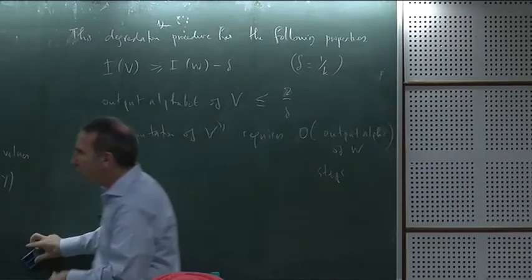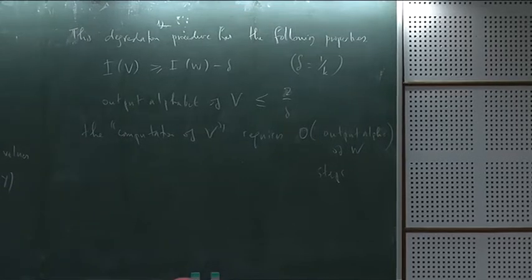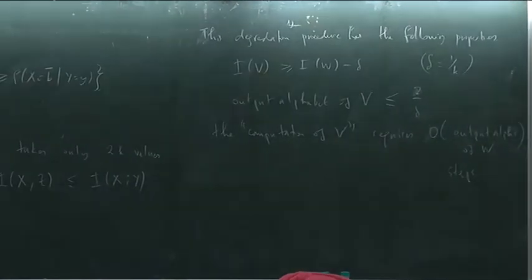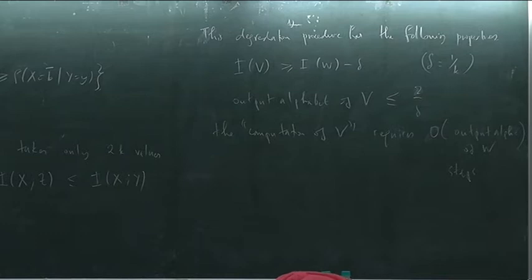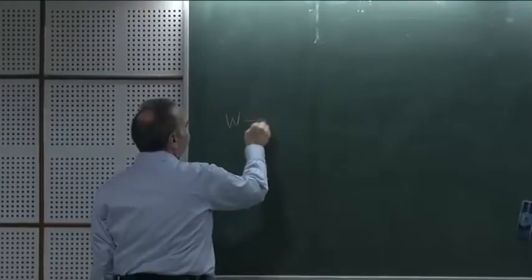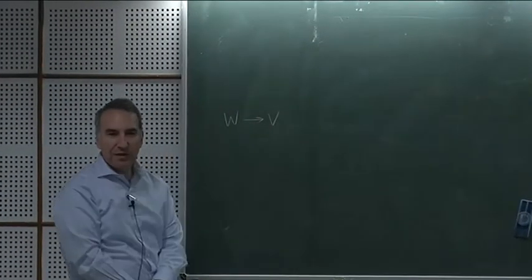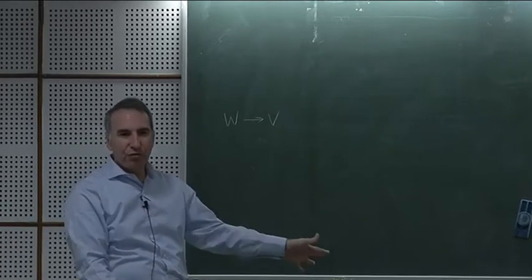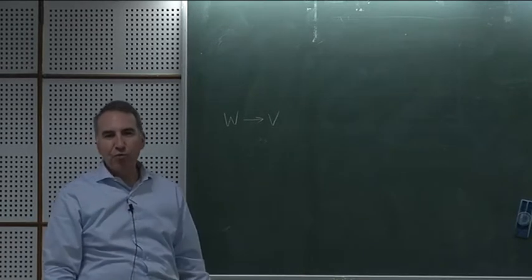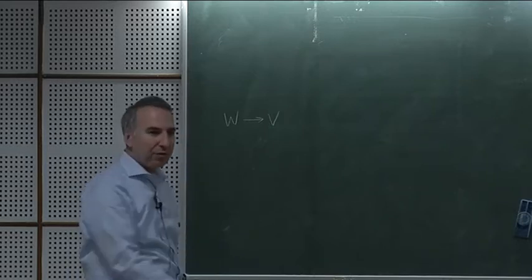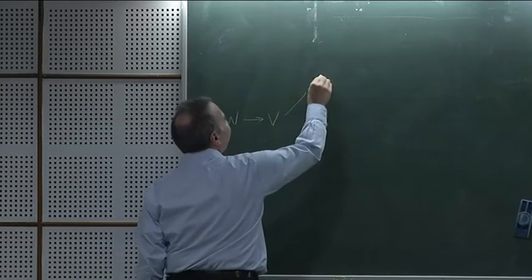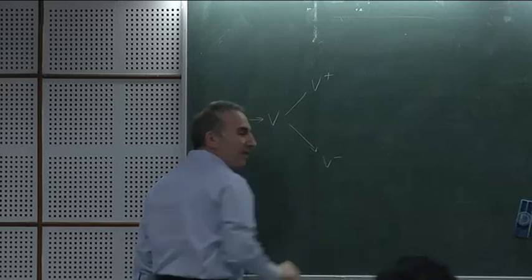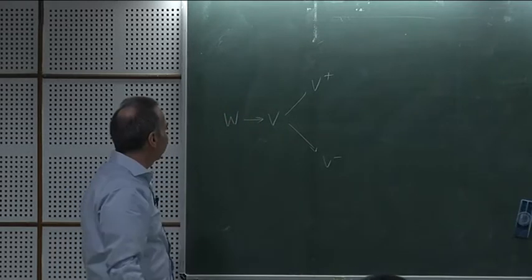So now our procedure to figure out what's happening is this. You take the W, and you transform this into a V. Maybe W already had too big of an alphabet, so you bring it down to something with 2 over delta outputs. Maybe I should call this thing something else.